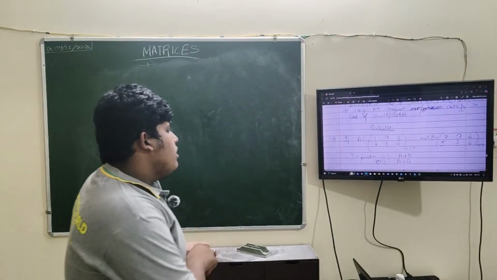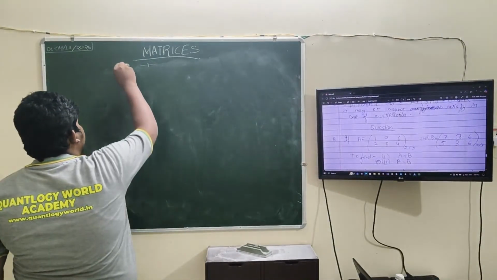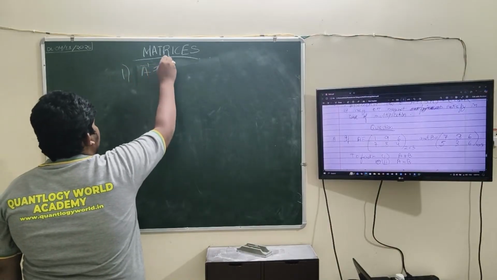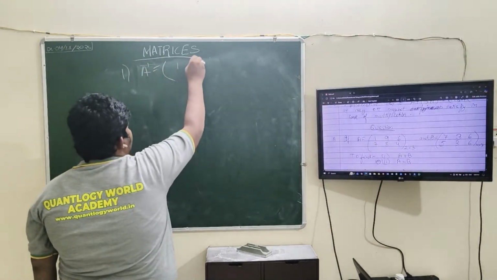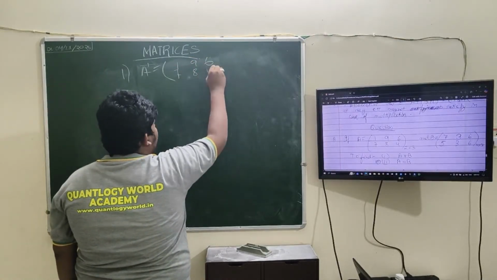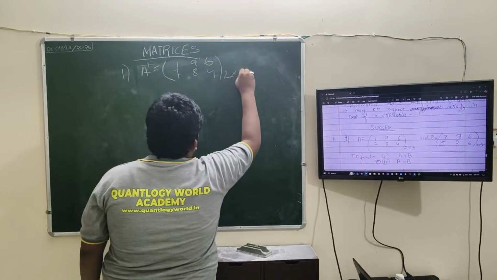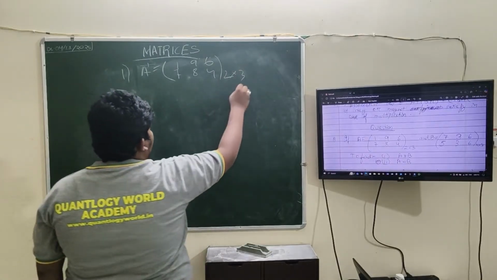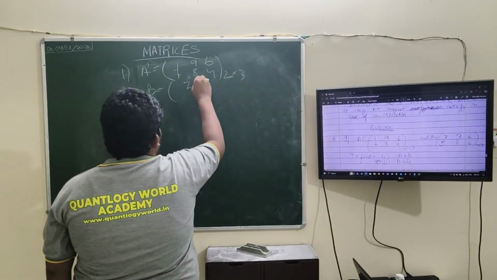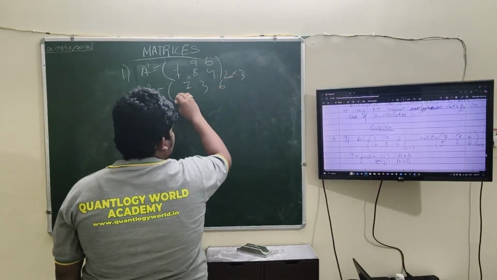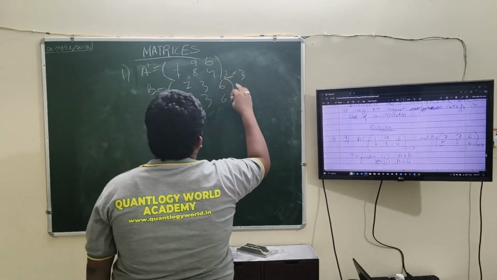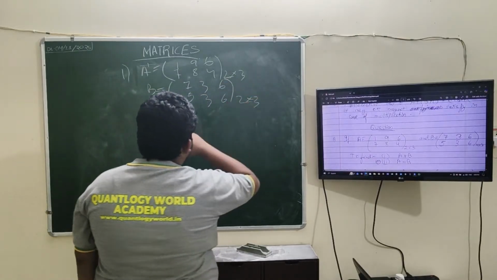Okay, here the first question: given that the elements of matrix A are 1 9 6 7 8 4, order 2 cross 3, and the elements of matrix B are 7 3 6 and 5 3 6. The order of the matrix is also 2 cross 3.